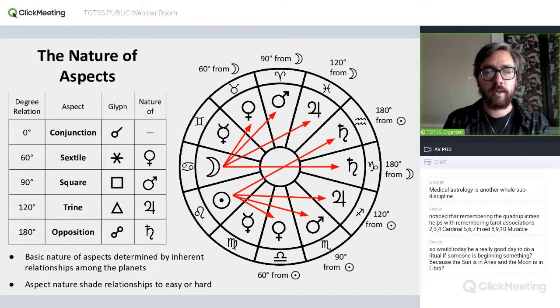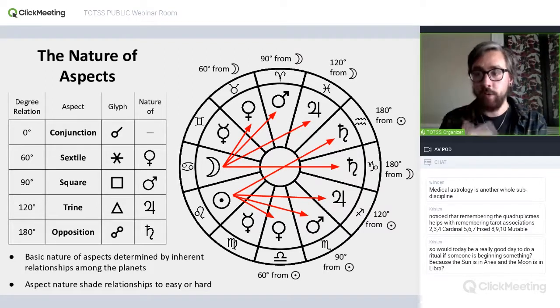But we notice that in this arrangement here, from each of the luminaries going out to each side, the planets form certain relationships. So Venus in Libra here is sextile to the sun, just like Venus in Taurus here is sextile to the moon. And so Venus will become identified with the sextile relationship.